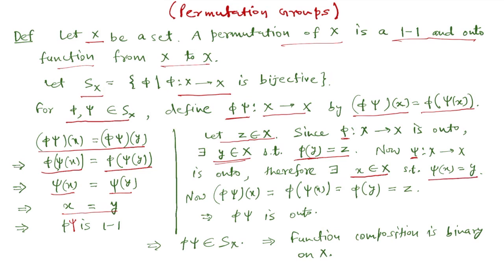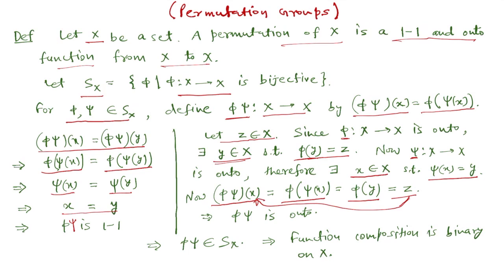Now let us apply the phi psi function on x. It is equal to phi of psi of x, but psi of x is y, so it becomes phi of y, and phi of y is z. So we have a pre-image of z under phi psi, and that pre-image is x.